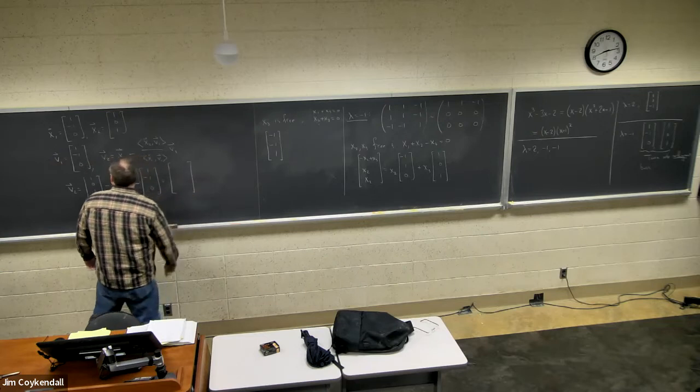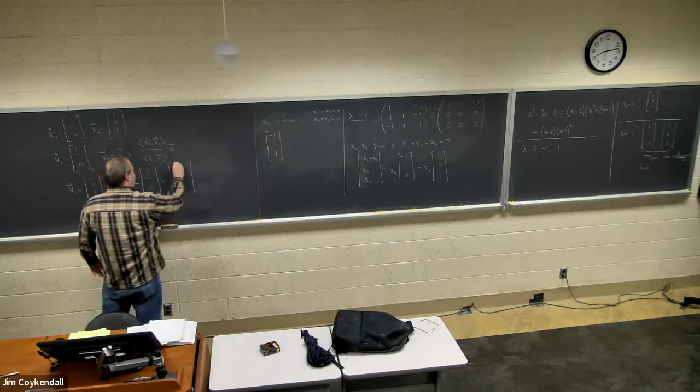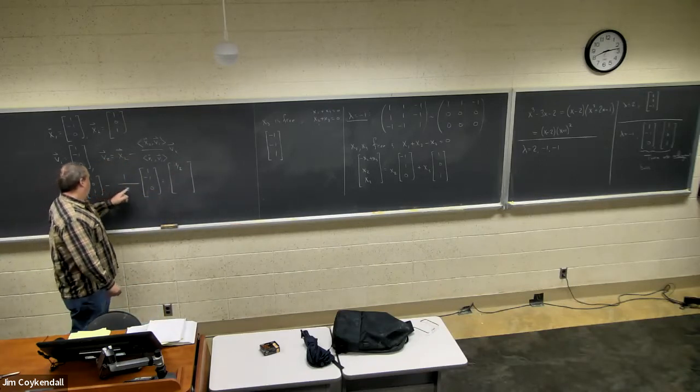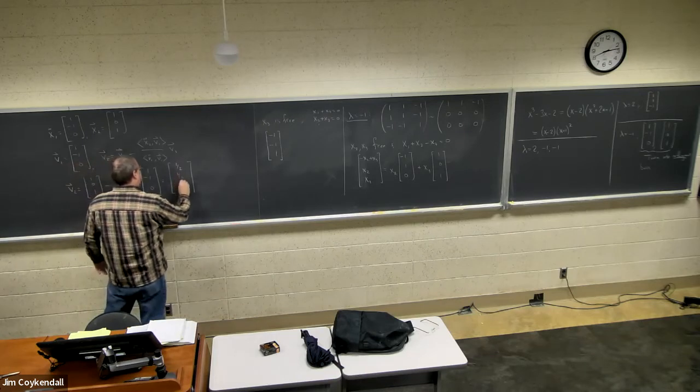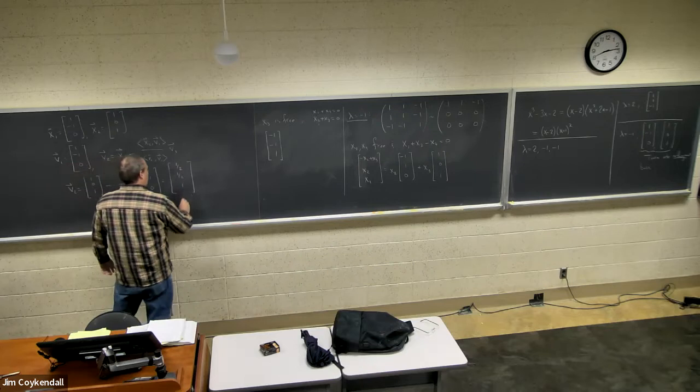Well, let's see what we get here. I get 1 minus a half is a half. I get 0 plus a half, I get a half. And I get 1 minus 0, 1.